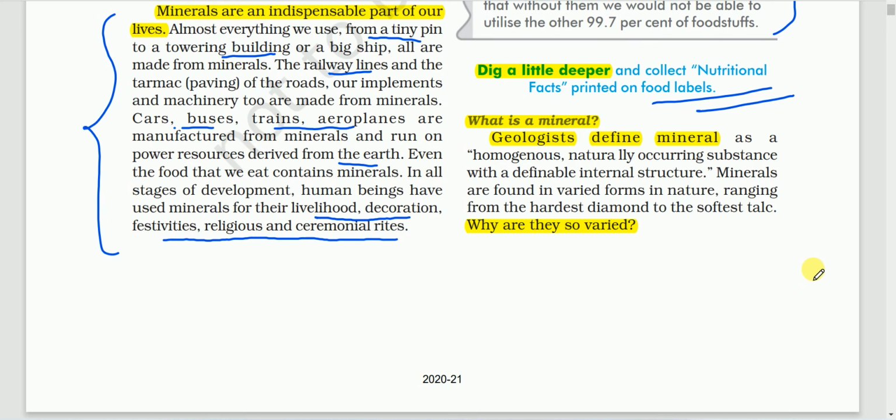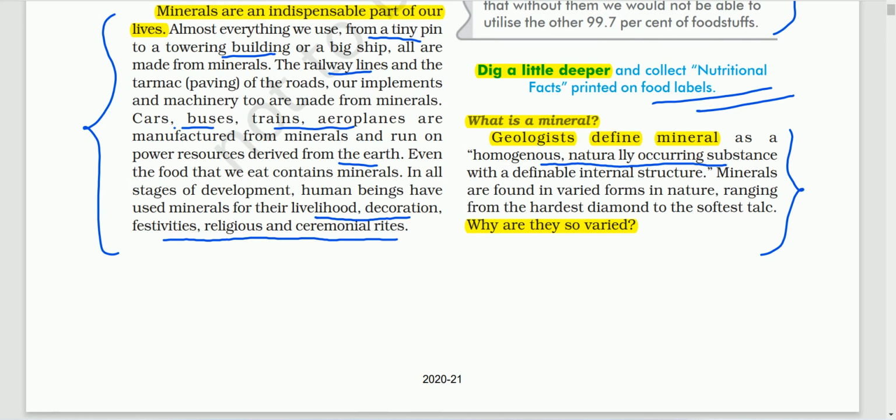So now I think you may be knowing the meaning of minerals, but still let us read together. Here we have the definition of mineral. What is a mineral? Geologists define a mineral as a homogeneous, naturally occurring substance with a definable internal structure. A geologist is a person who studies the origin of rocks and minerals.